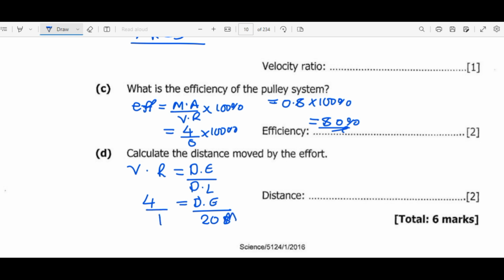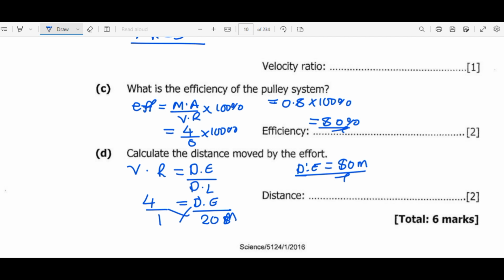So over 1, we cross multiply. 1 times dE gives us dE. Then 20 times 5 gives us 100 meters. So the distance moved by the effort was 100 meters.